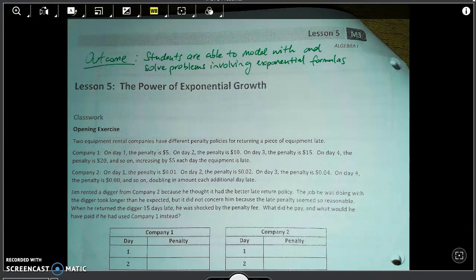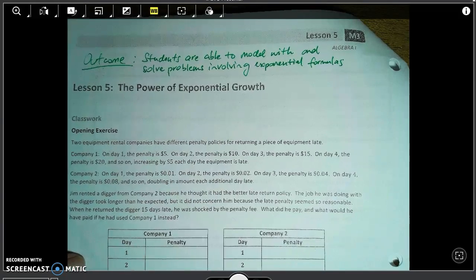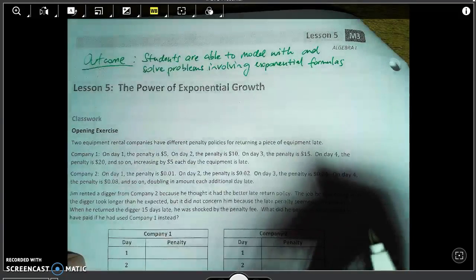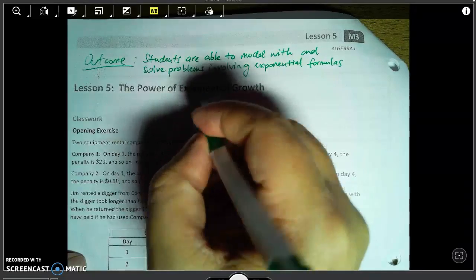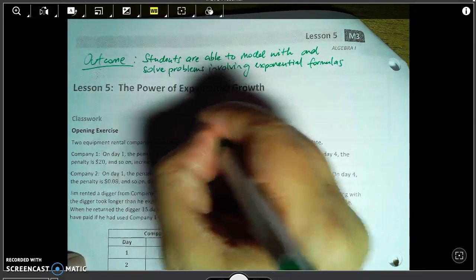Okay, we're moving on to lesson 5 out of module 3, and we're going to come back to a familiar subject, exponential growth. We remember from previous lessons that the chart of exponential growth looks something like this.